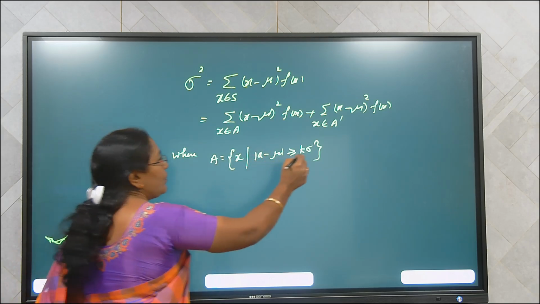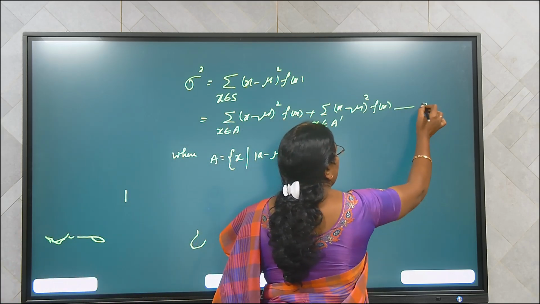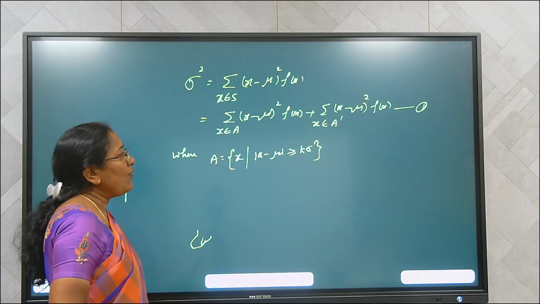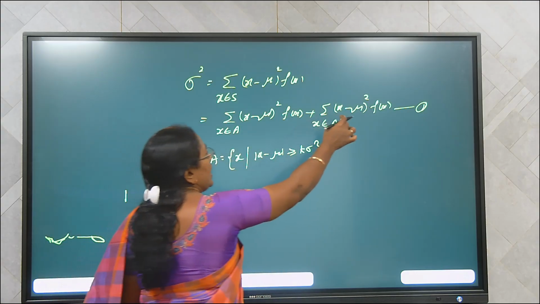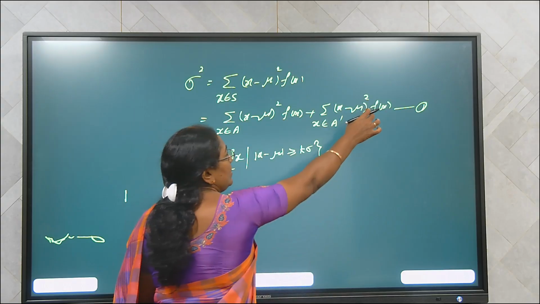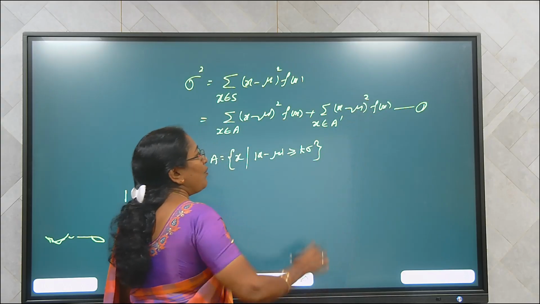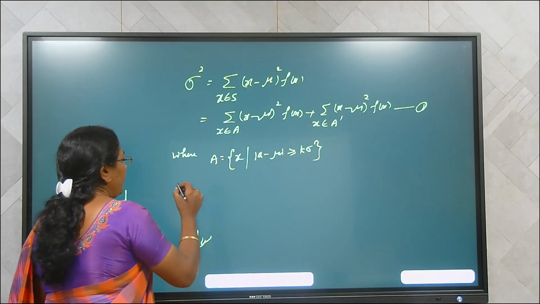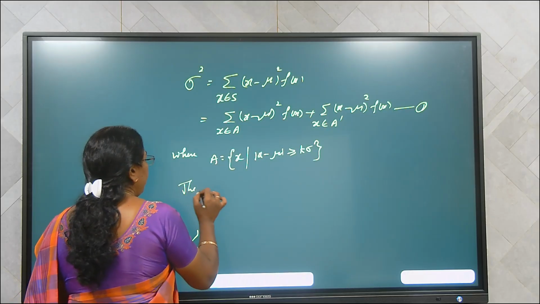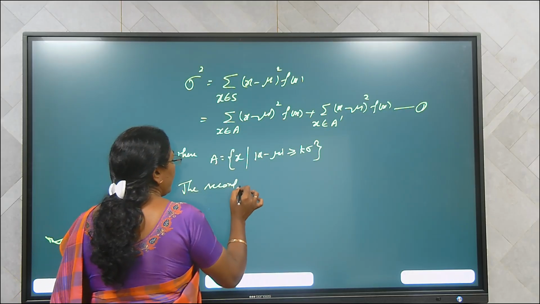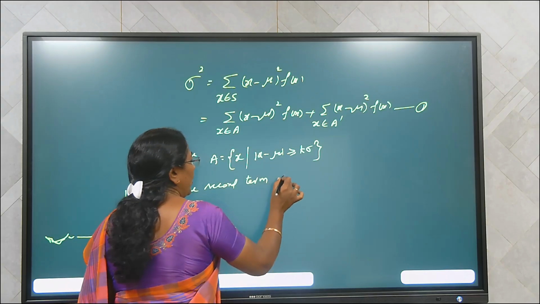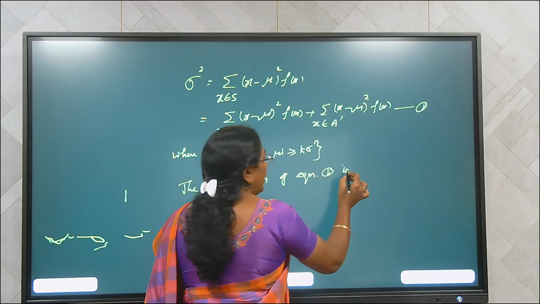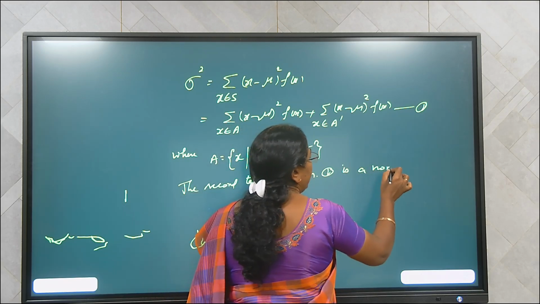Now if you see this equation 1, the second term is a sum of positive quantities. Since it is x minus mu whole square into f of x, this is a sum of non-negative numbers, so obviously it is greater than or equal to 0. So the second term of equation 1 is a non-negative number.